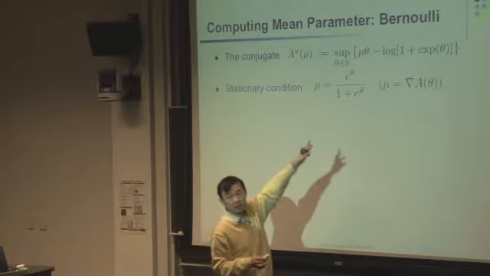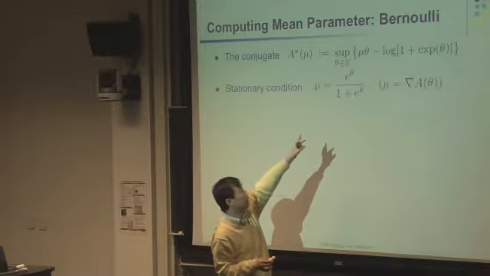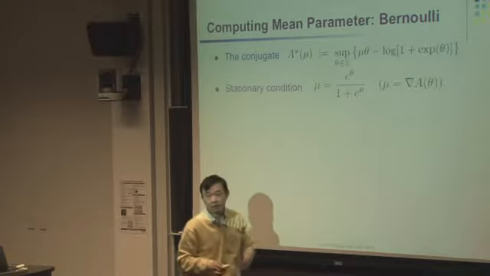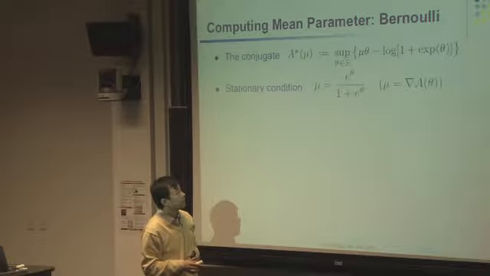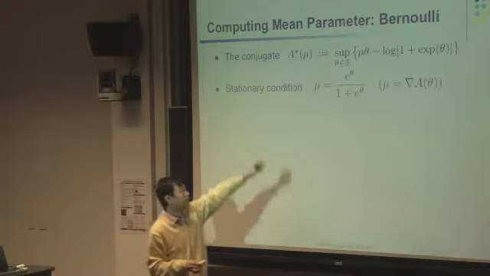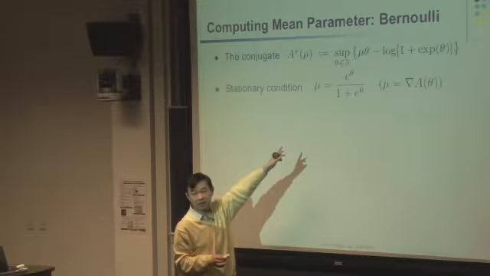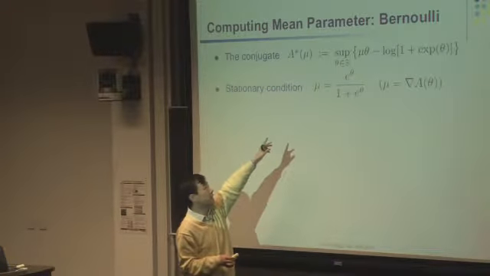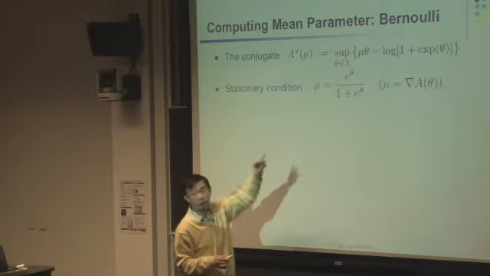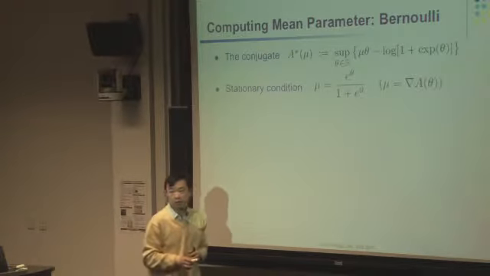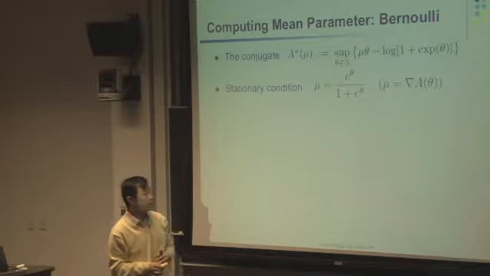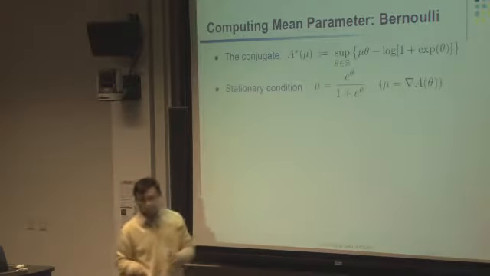We take the derivative over mu for the thing on the right-hand side, set it to 0, and this is our stationary condition. That gives you the explicit relationship between the solution mu and the original canonical parameter theta.